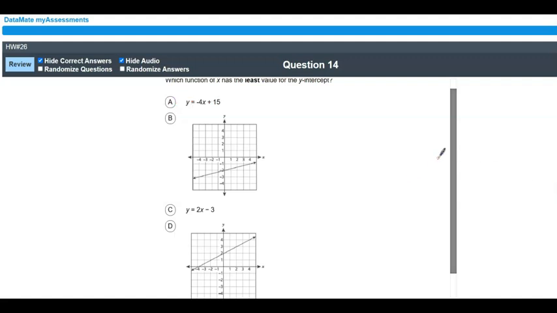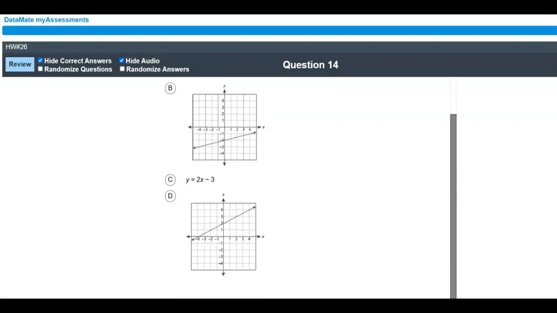Now of B and C, we can see that the y-intercept here is negative 2, but the y-intercept here is negative 3. So that means B is also out. And now, for final choice D, that y-intercept is 2, which is higher than negative 3, and that means that negative 3 is the lowest.